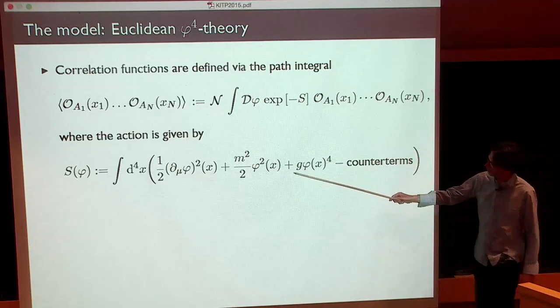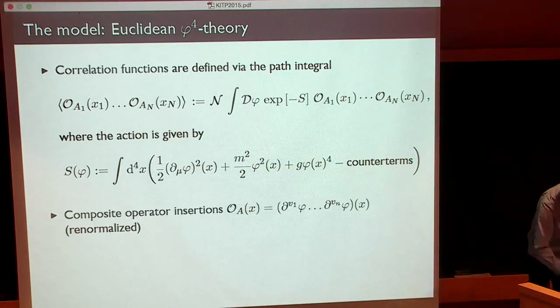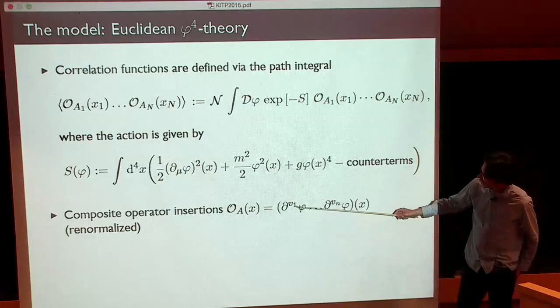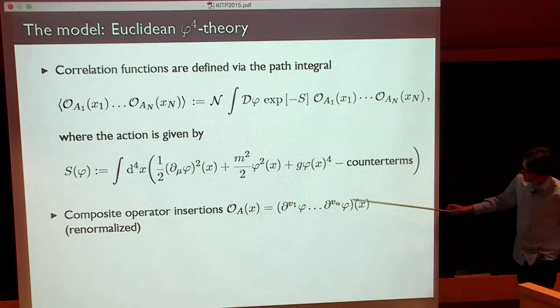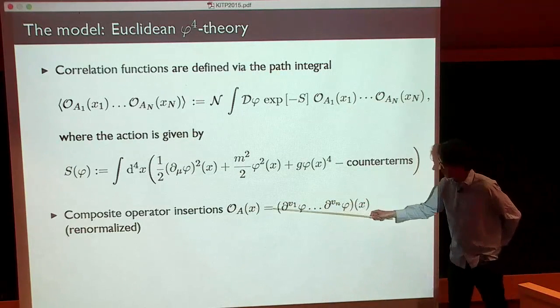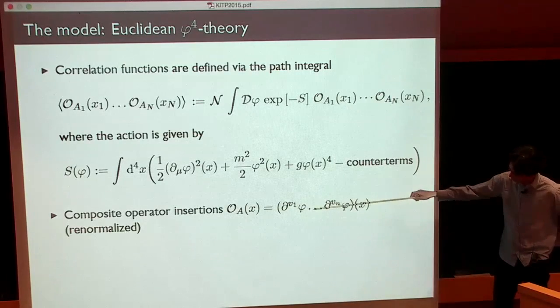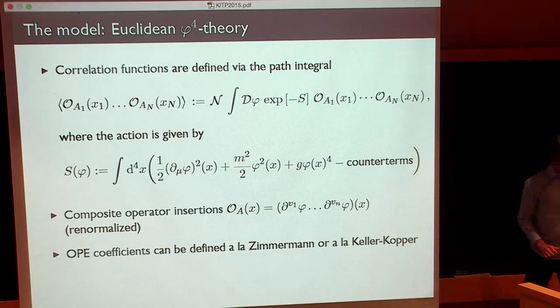And if you really want to define it, you have to subtract various counterterms to make it finite. And in my model, the composite operators are just products of the basic fields and possibly their derivatives. I won't bother to write it out, but this will have a bunch of tensor indices and so on. So these have to be renormalized as well.